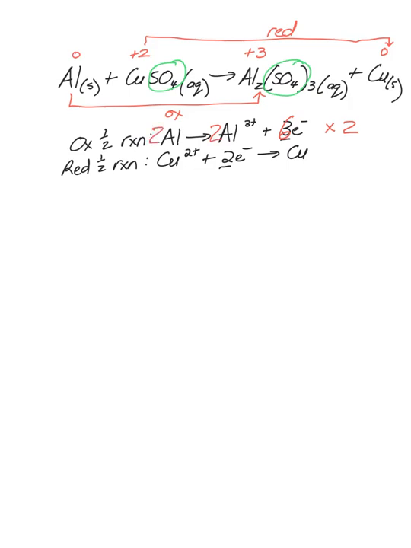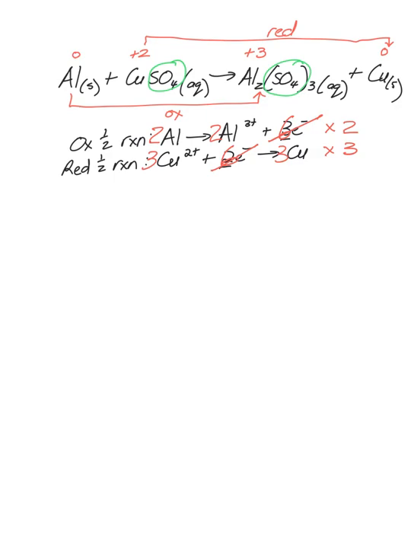So how do I get 6 electrons with the next one, the reduction half reaction? I've got to times that by 3. So I get 6 electrons there, but I've also got to put a 3 here, and I've also got to put a 3 here. Now, the first thing you look at is the electrons. We've now got 6 electrons on one side, 6 electrons on the other side, so they balance out.